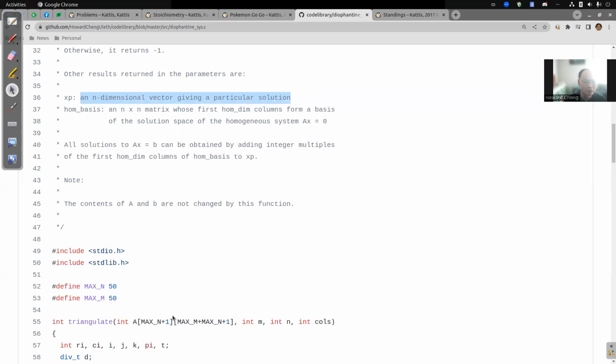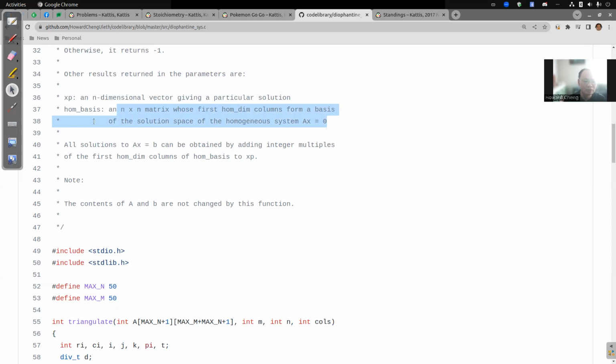I'm not absolutely sure about this code, but probably that's what you'll get. And then the first column will give you a basis of the solution space, telling you that any multiple of the first column is the correct solution, because there's only one dimension.